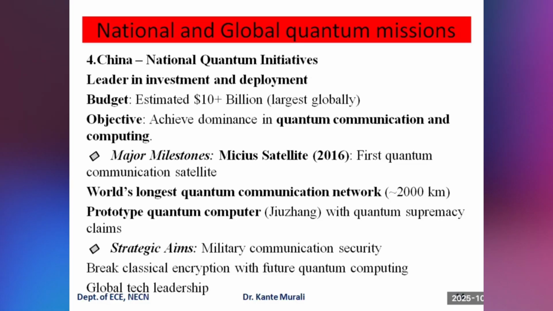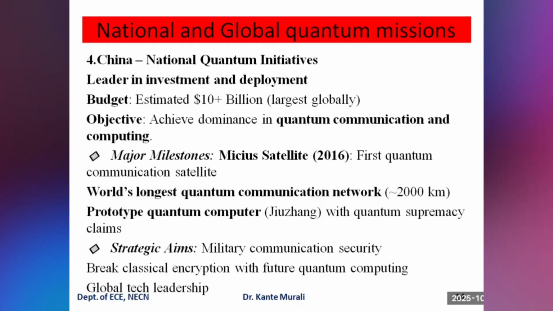However, among all the countries, China started earlier, in 2016 itself, and as of today has the largest budget in quantum communications and computing. Of course, the milestones are the Micius satellite, the first quantum communication satellite, and the world's largest quantum communication network, which is around 2,000 kilometers.